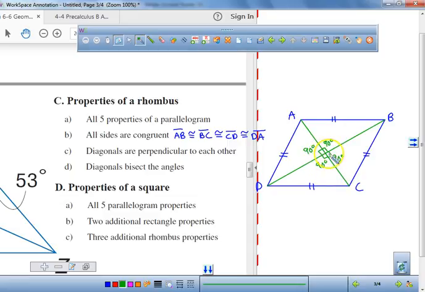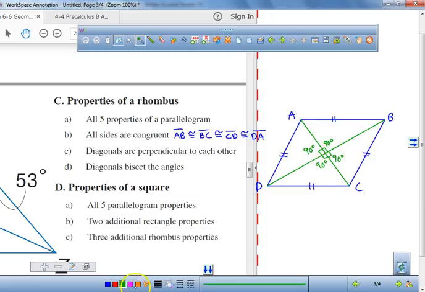Because technically, in a rhombus, the diagonals not only bisect each other, but the diagonals make 90-degree angles. Perpendicular to each other, so it's a perfect right angle. Right angles equal 90.